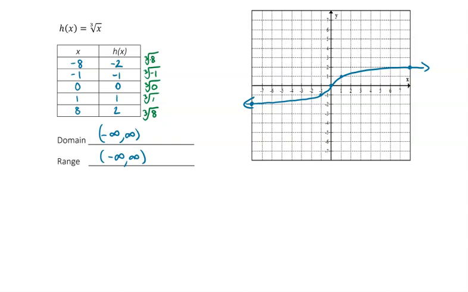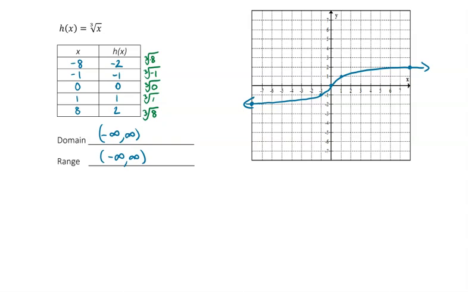Right? So any function that you don't know the shape of, you can always figure out at least a basic idea of how it looks just by plugging in some x values, finding the y values that go with them, and then plotting those. That'll give you the basic shape.